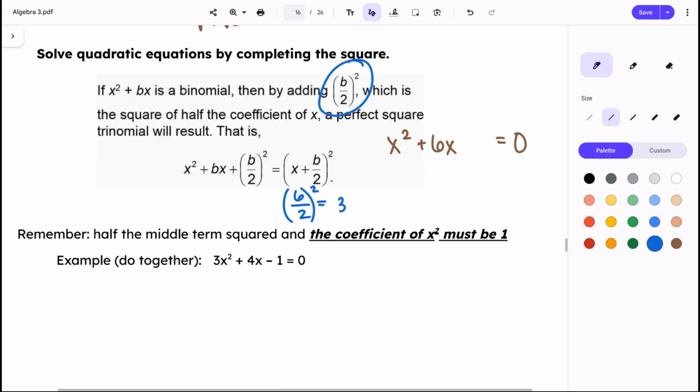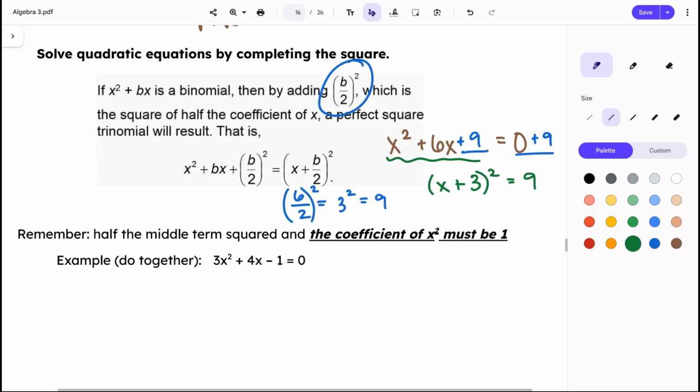So what's 3 squared? 9. So 9 would go here, and it would go over here. Because then the left-hand side will factor to x plus that 3 that we found when we took 6 divided by 2 squared. And then it would equal 9. And then we're going to be able to use our square root property like we just learned to finish this one out.